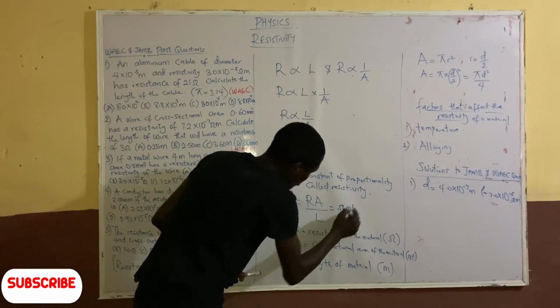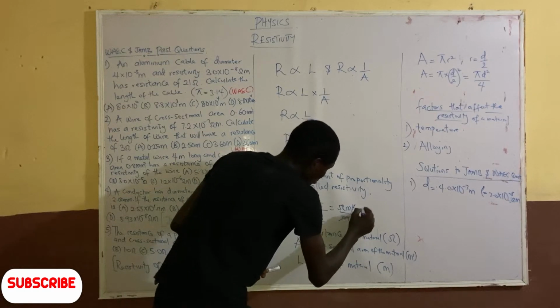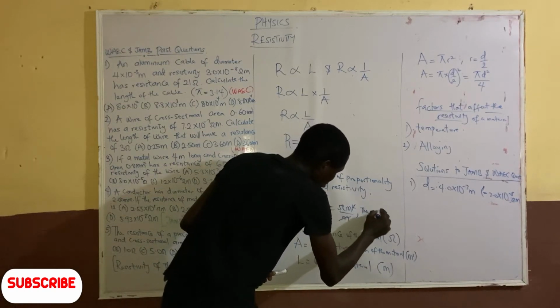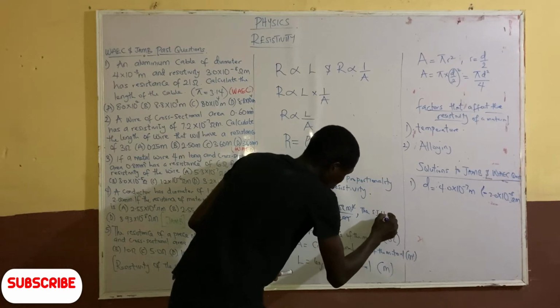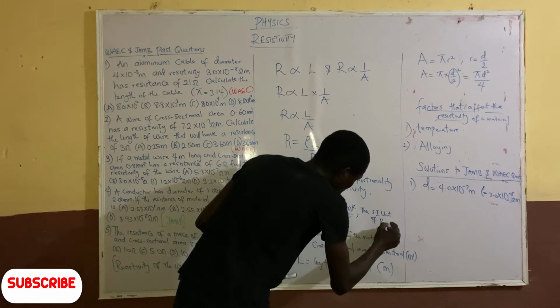So this meter will cancel one of the meters here. So the SI unit of resistivity is ohm meter.